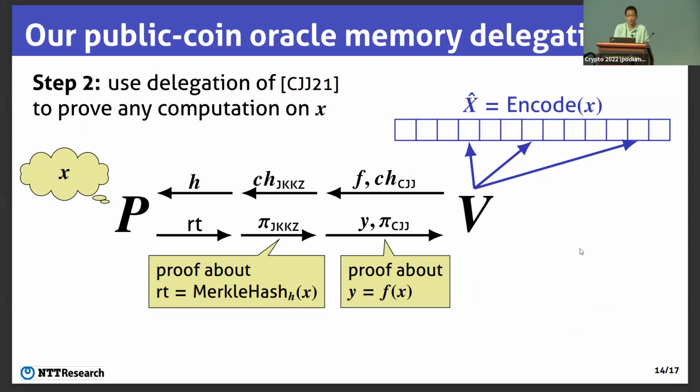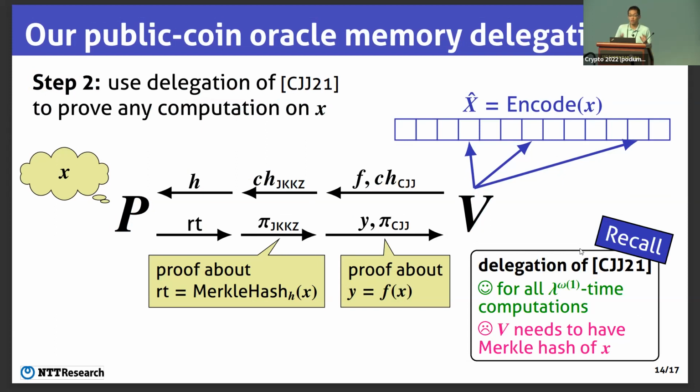Now the second step of our scheme is that the prover uses the delegation of CJJ to prove arbitrary computation on the memory. In particular, the verifier sends a function to delegate along with the challenge string to the prover, and the prover evaluates the function on the memory and sends the output to the verifier along with the proof, showing that the output was correctly computed.